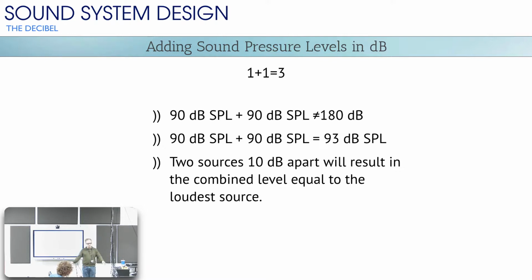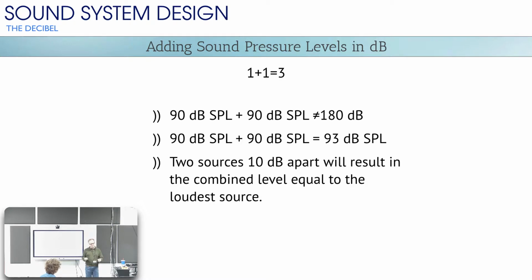This could be two loudspeakers or two musical instruments or whatever. Both of them together, each making 90 dB SPL, don't combine to make 180 dB SPL. If that was true, we would have a lot of deaf musicians, a lot more than we have right now. Okay? So two things could both be creating the same dB SPL, but they don't sum together linearly.